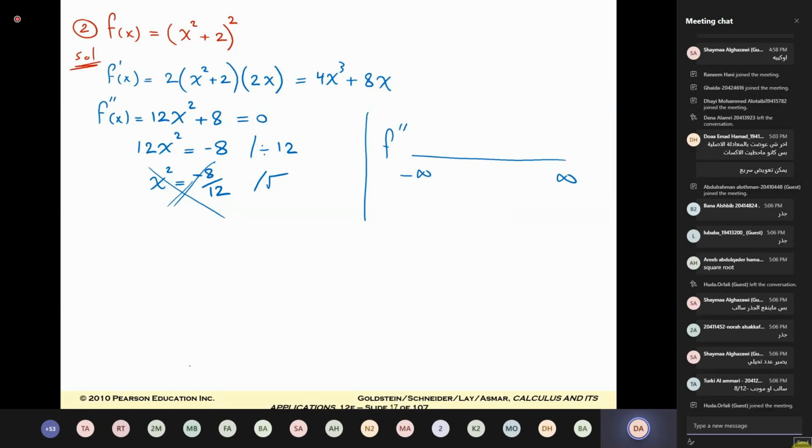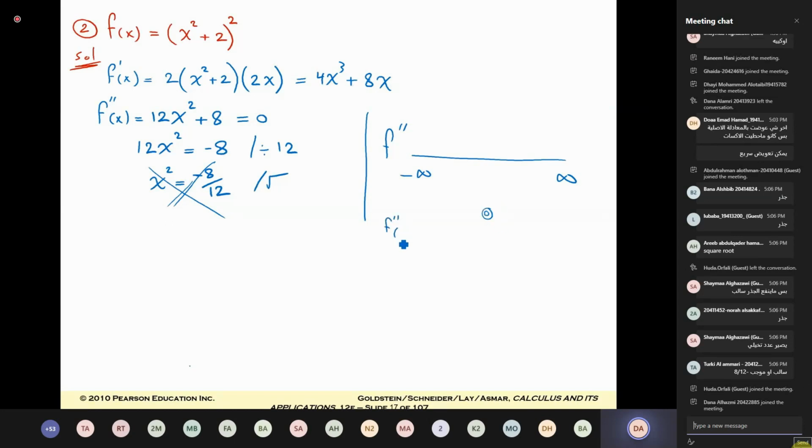So we don't have any value to put on the real line of f double prime. So we can choose any value, for example 0. f double prime of 0 equal what? 8. So we have positive. So this is positive for all from negative infinity to infinity. So this is concave up from negative infinity to infinity.